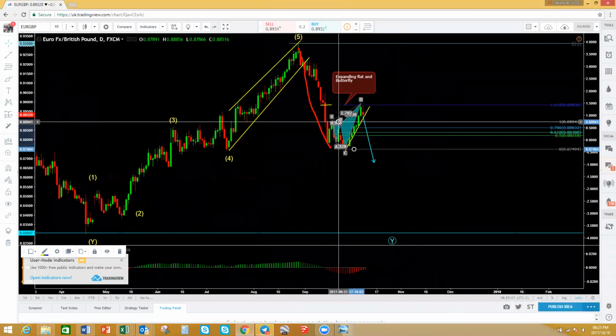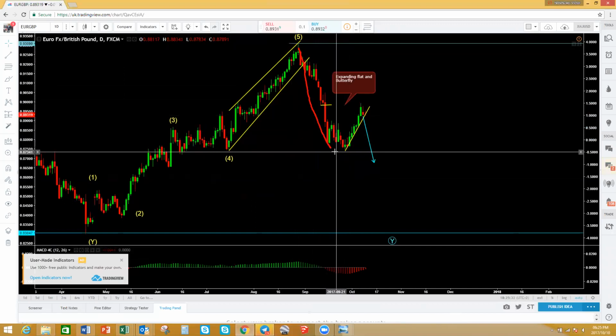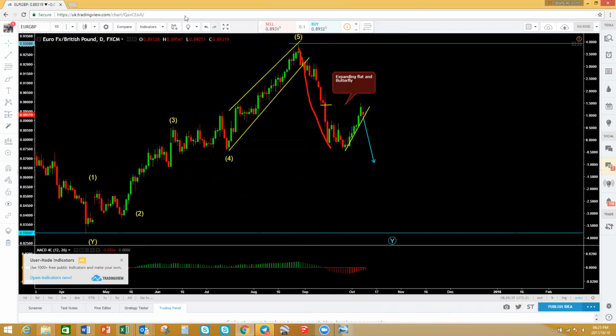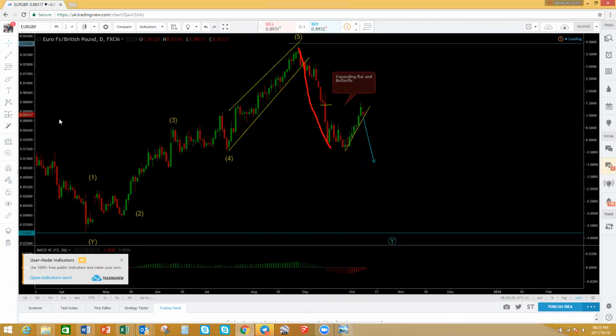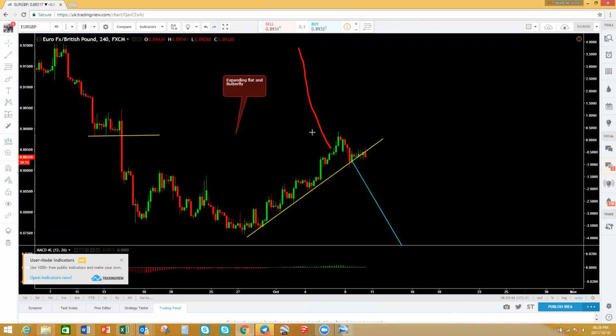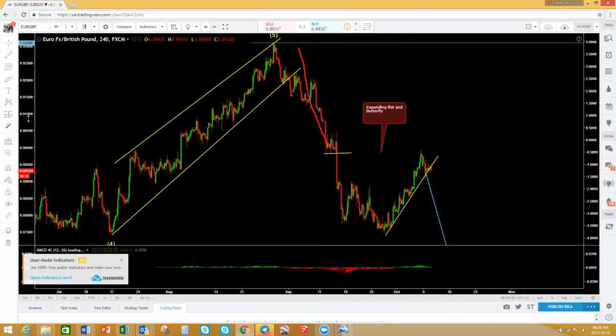And we're getting this correction there. I'm going to take off this pattern. So also when Euro Pound was falling like that, it's one of the trades we posted as well, we discussed. Right, nicely on the 4-hour chart.